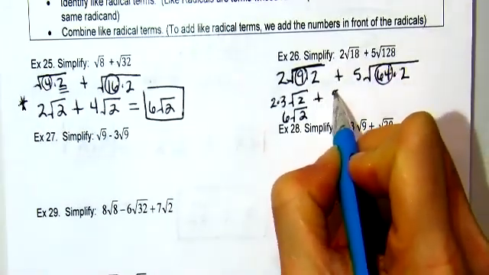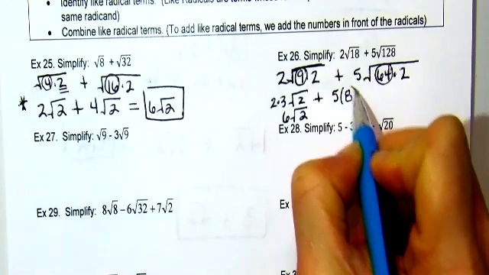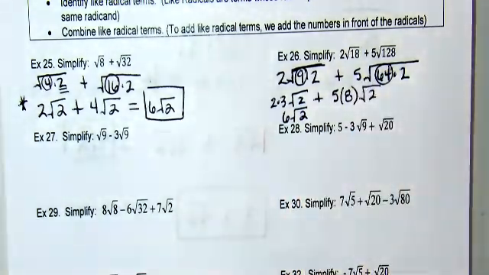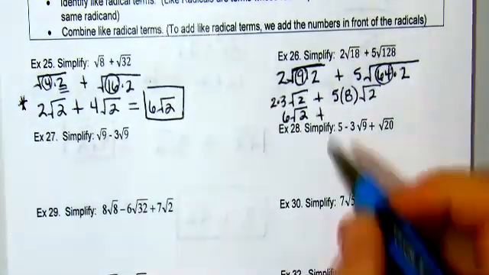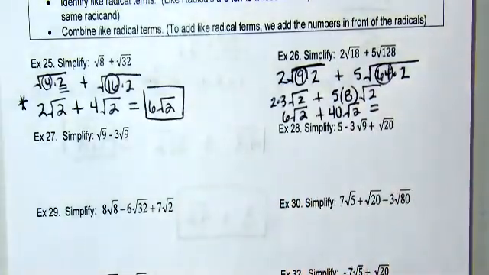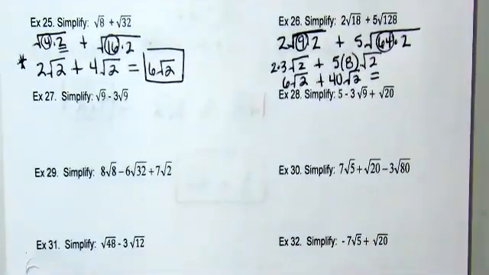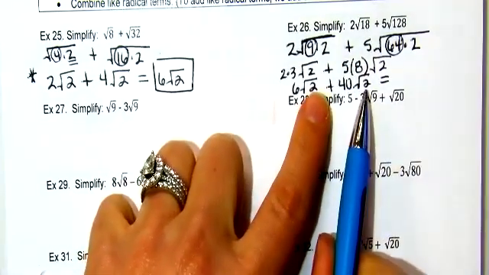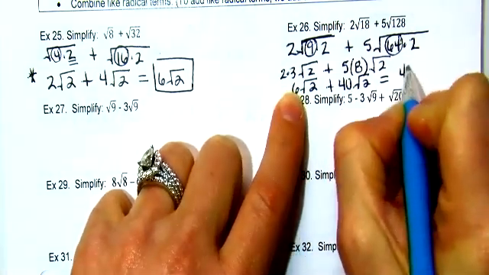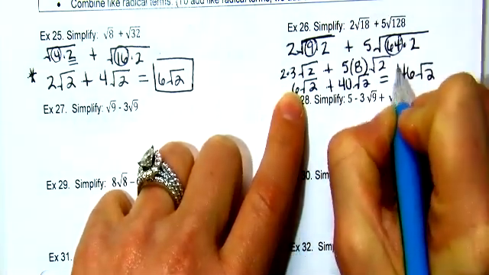The square root of 64 is 8. So I'd be multiplying what's out in front already by that. So 5 times 8 is 40. So we have 40 square root of 2. So it's really not that difficult to do it manually. It just takes a little extra time. These do have the same square roots of 2, and so 6 plus 40 is 46 square root of 2.